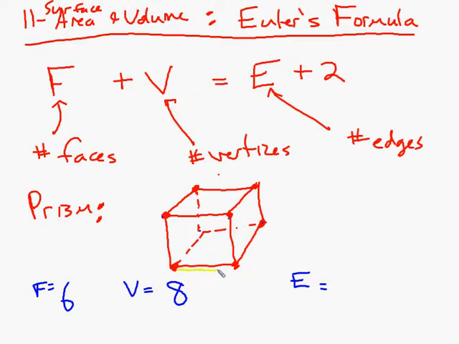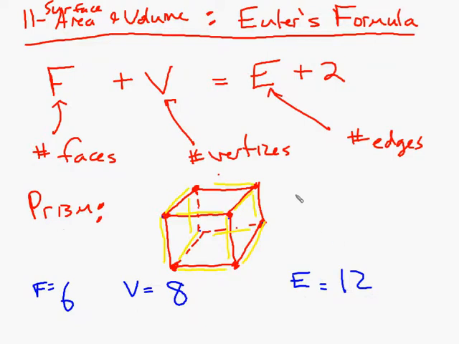We have 1, 2, 3, 4, 5, 6, 7, 8, 9, 10, 11, and 12 edges. So we have 12 edges. How do I know? I counted them.